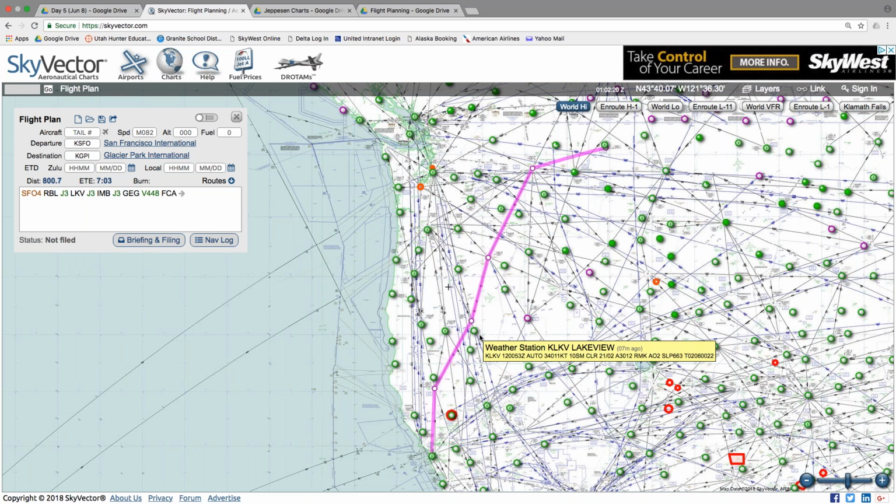Even though that's a westbound course and should be on an even flight level, ATC will clear them down to 29,000 feet and they'll maintain visual separation with other aircraft. ATC will block out that airspace for westbound. So really at the end of the day, ATC does what ATC wants to do.